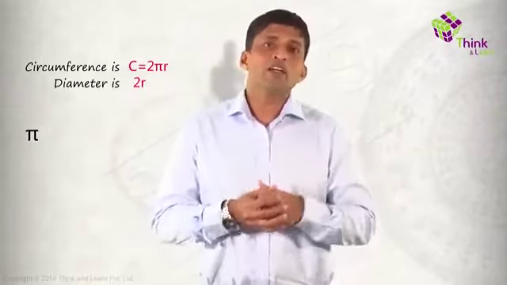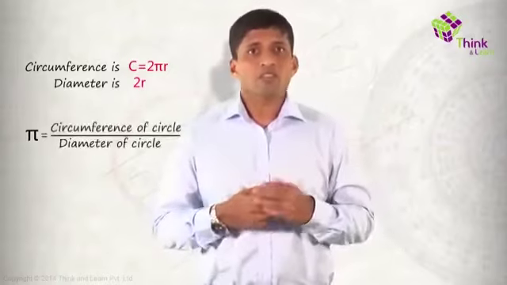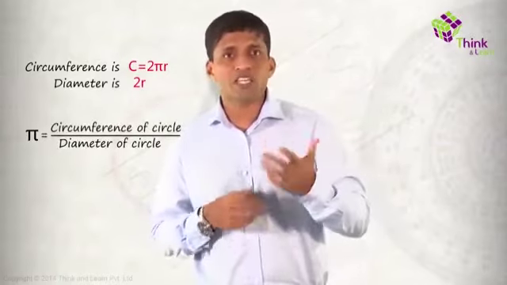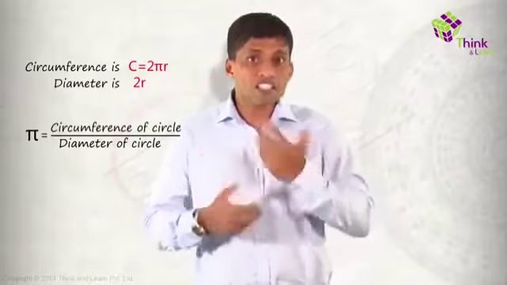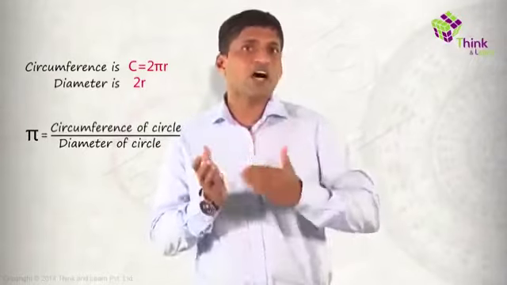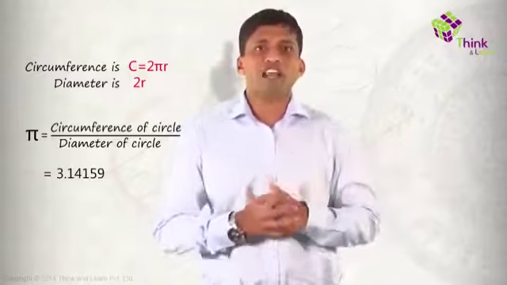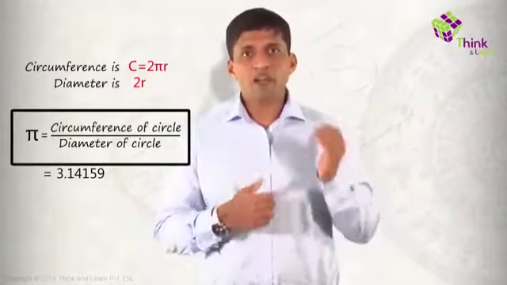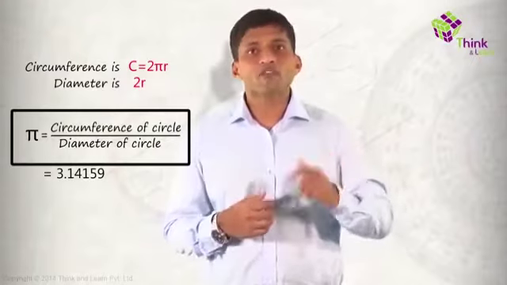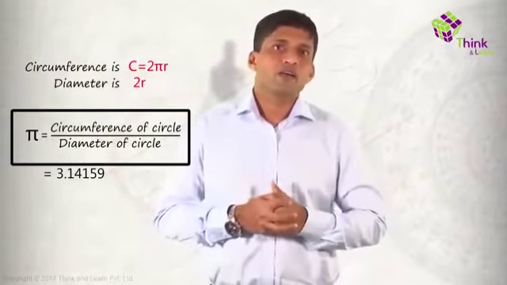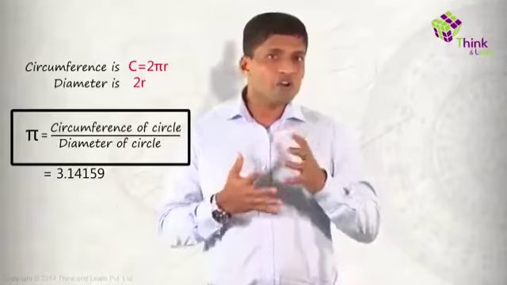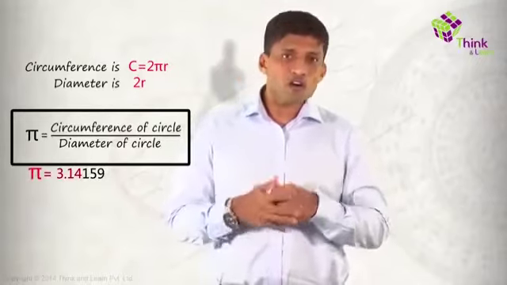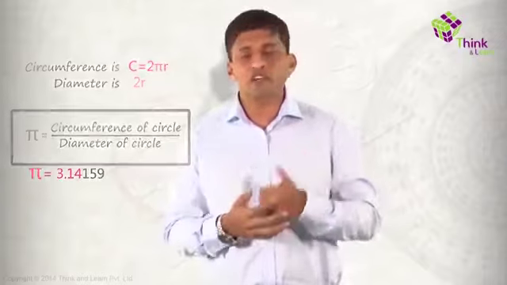Pi is nothing but the circumference of a circle divided by the diameter of the circle, which I am sure most of you must have thought about before, rather than just memorizing the pi value as 3.14159. I am sure all of you know the pi value at least up to 2 digits, which is 3.14, which is required when you are solving questions.